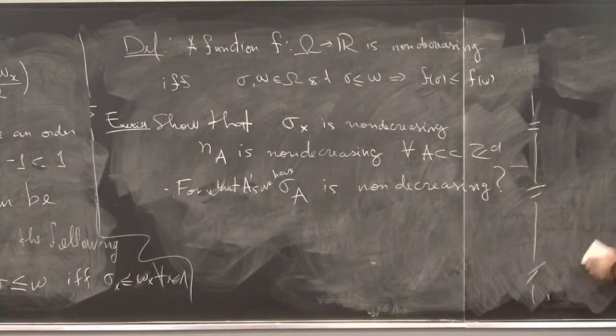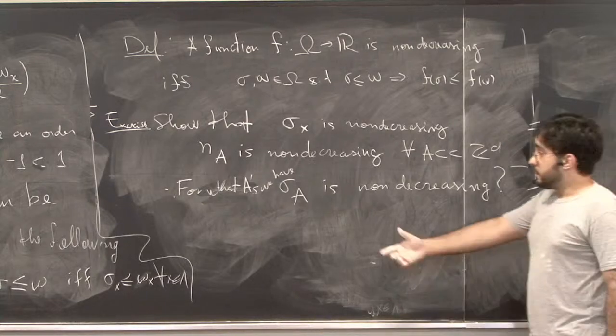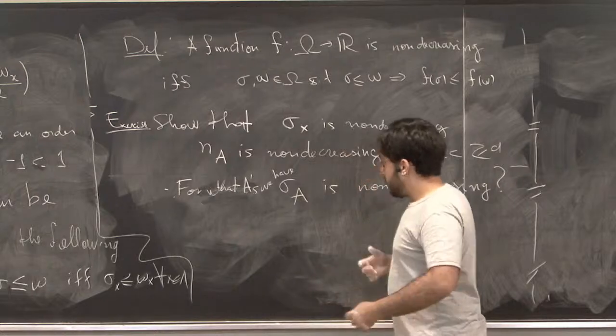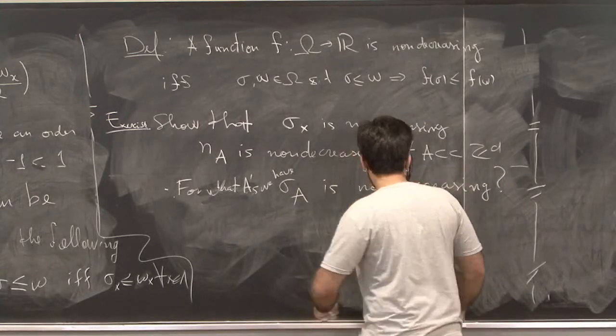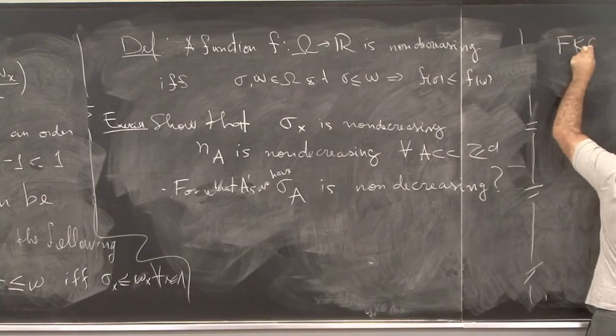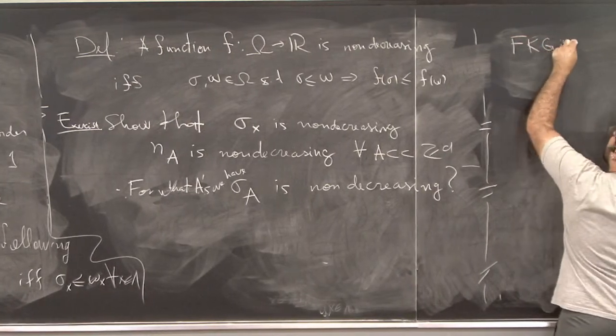So instead of studying the measures and taking limits with respect to the spin variables, we can look at what happens to the occupation variables. And then we can finally use the FKG inequality.